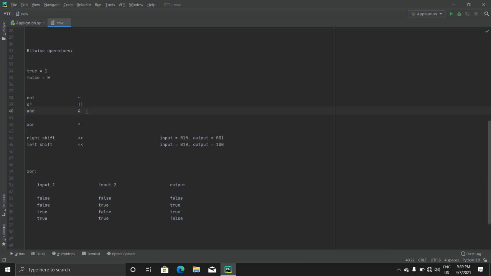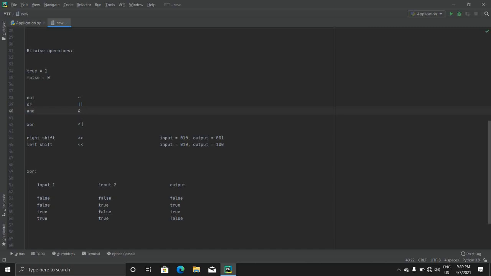The behavior of these bitwise operators is the same as the Boolean operators. The not bitwise operator's behavior is equal to the not Boolean operator's behavior, the or bitwise operator's behavior is equal to the Boolean or operator's behavior, and the and bitwise operator's behavior is equal to the Boolean and operator's behavior, right?